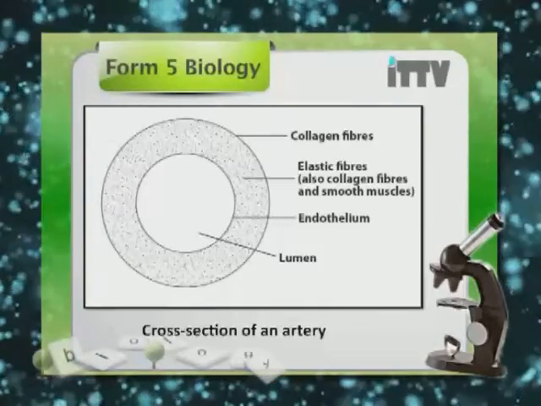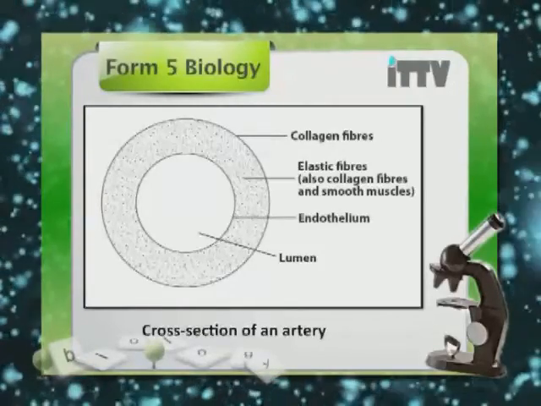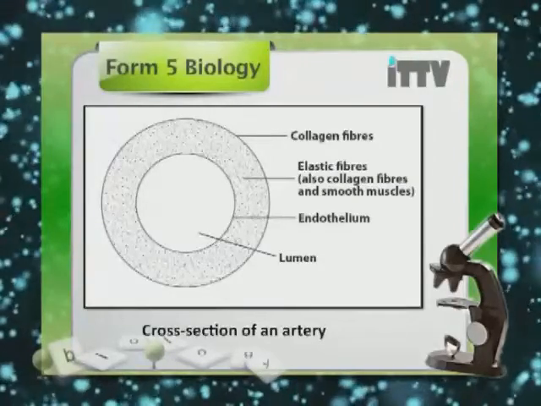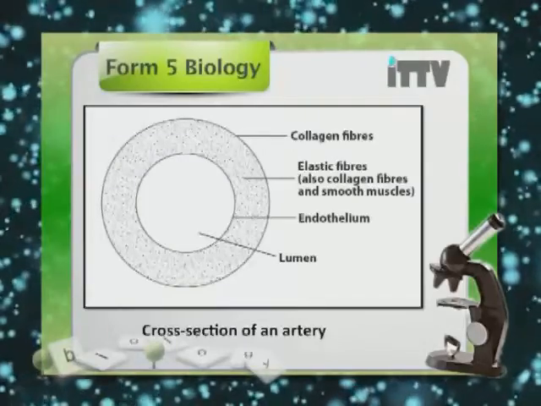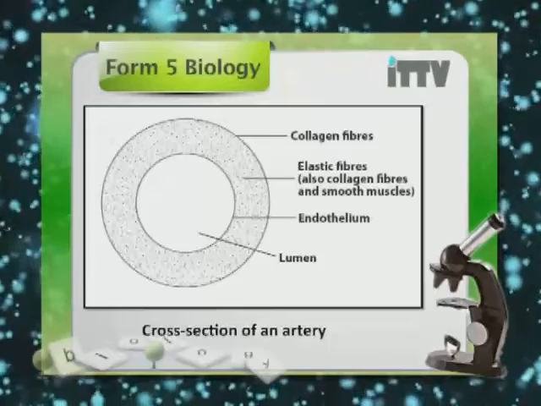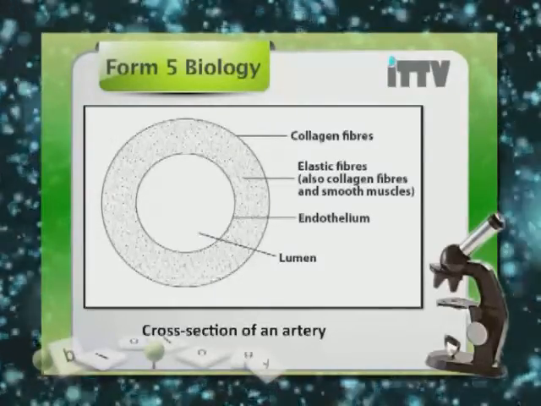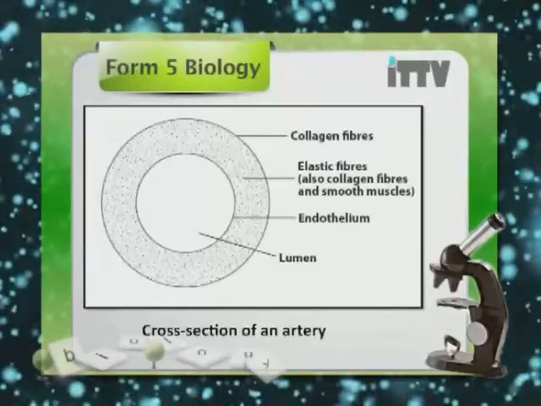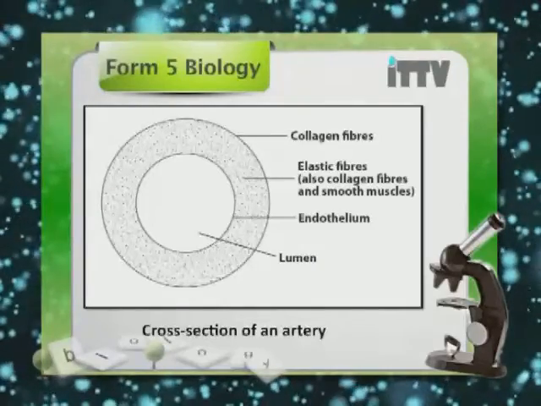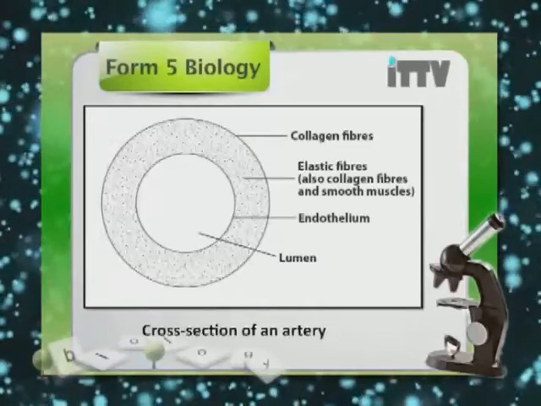The second layer, or more commonly called the middle layer, consists of elastic fibers, which are also composed of collagen fibers and smooth muscles. And the innermost layer is the endothelial layer, which is commonly called the endothelium. And finally, you see a hollow structure inside the artery, which is called the lumen. And this is the area where the blood flows.